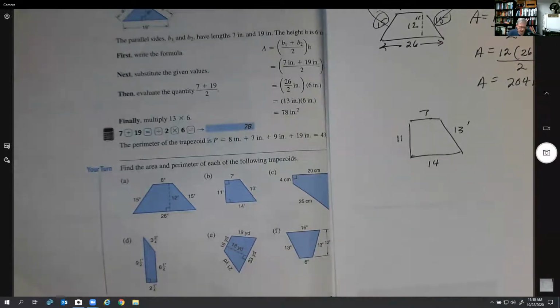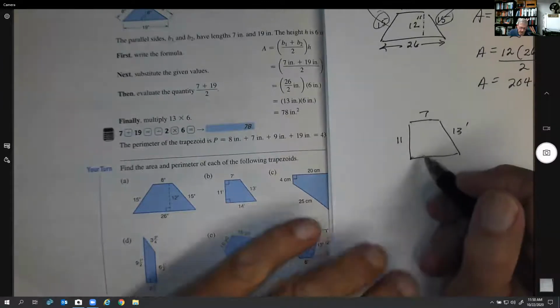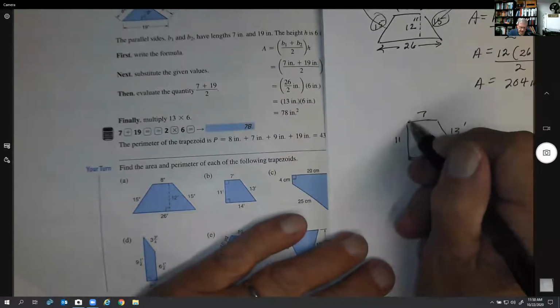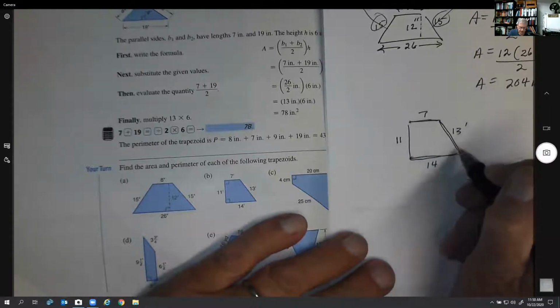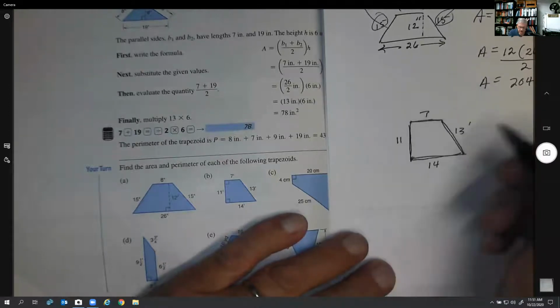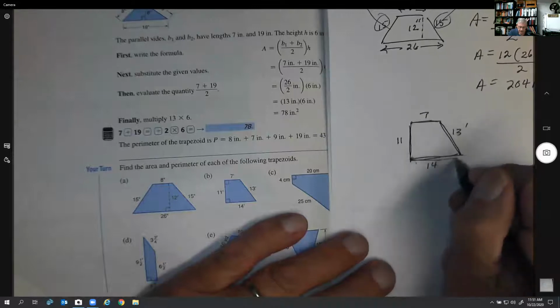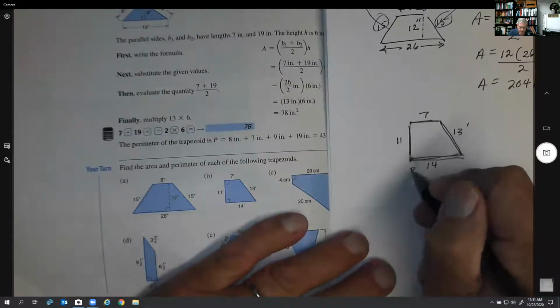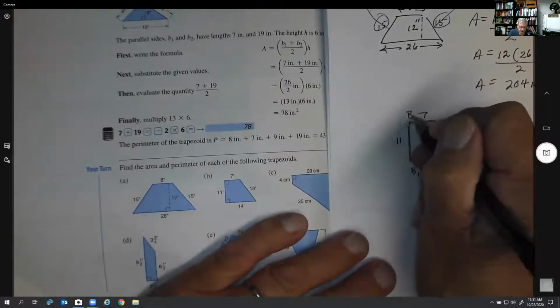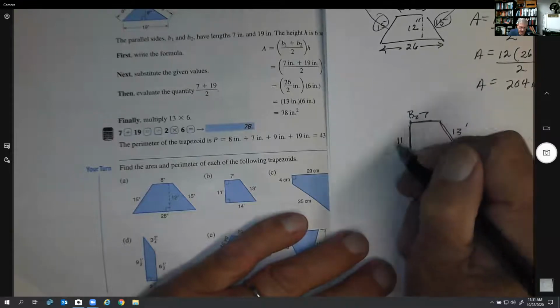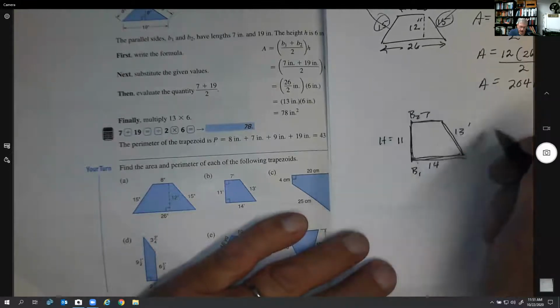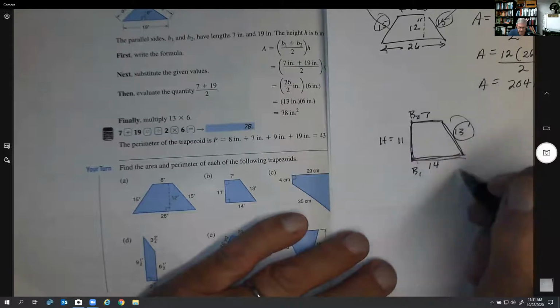Okay, we can look at it two different ways. But I think you have to look at this. It's a kind of different type of trapezoid, but it has the same formula. This is the base 1. This is base 2. And this distance right here is your height. We're not going to use the 13 to figure out the area.